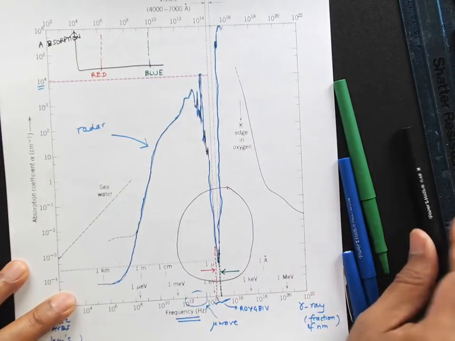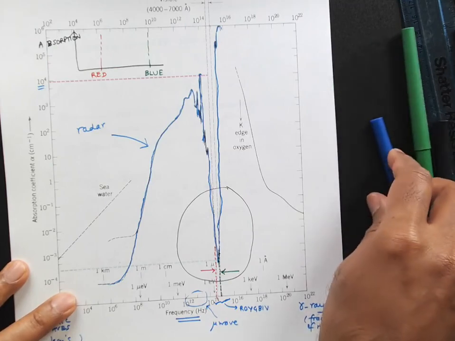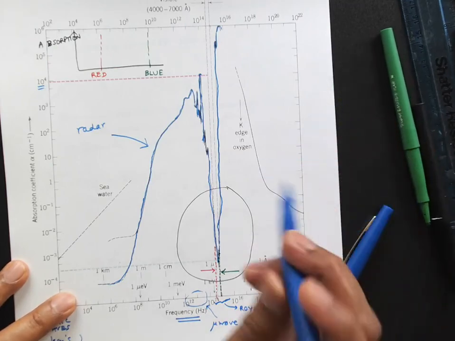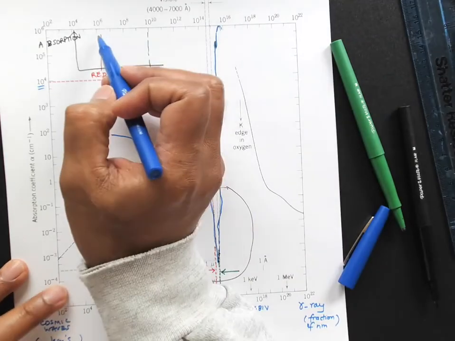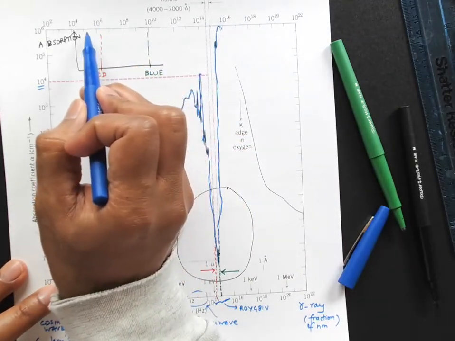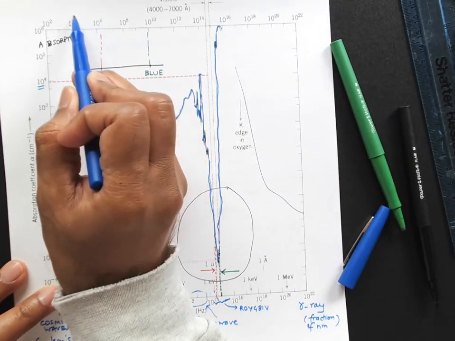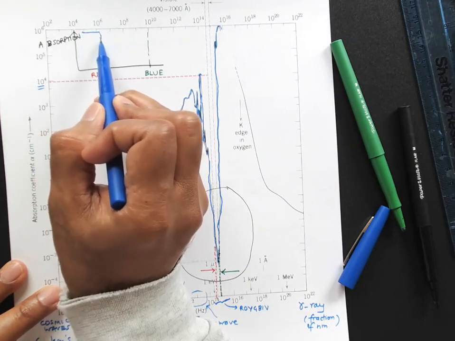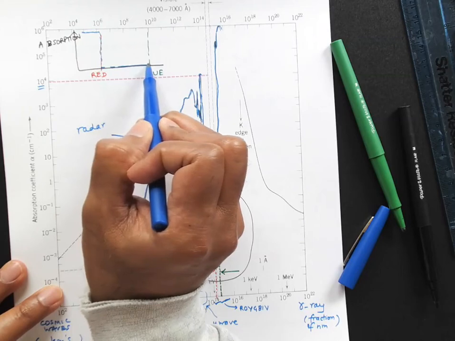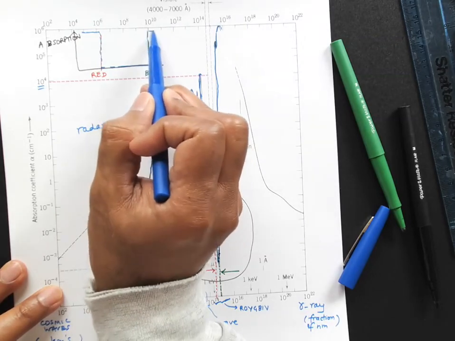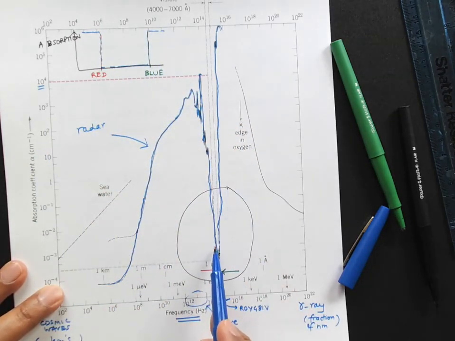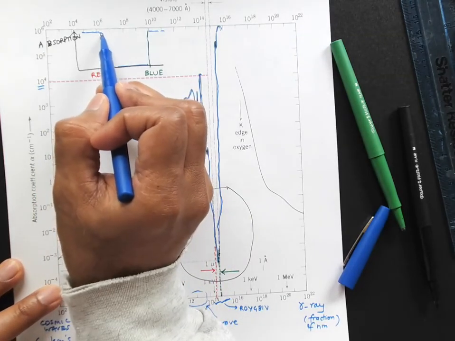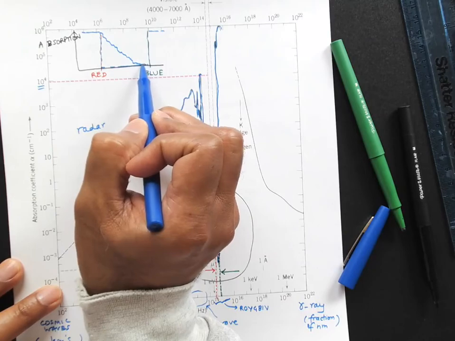Then what's happening is that this absorption curve, it's not like it was very high here and then it just goes down to zero and then it comes back up. It's not like that. You'll notice that there's a gradation, there's a function to it. So it actually falls off gradually like this, and then it comes back up.